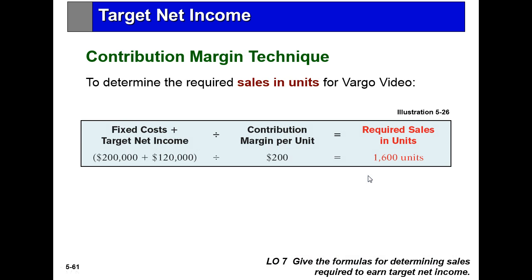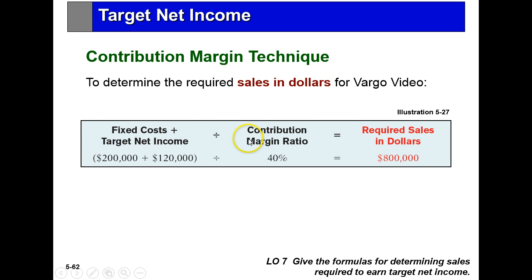To determine the required sales in units for the Vargo video, we're going to look at our fixed cost plus our target net income, divide that by our contribution margin per unit to determine we need 1,600 units. So we can determine our target net income in both fashions, in overall sales or in units.